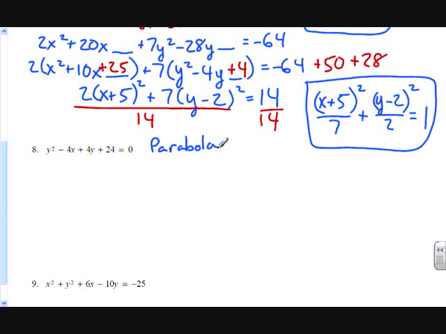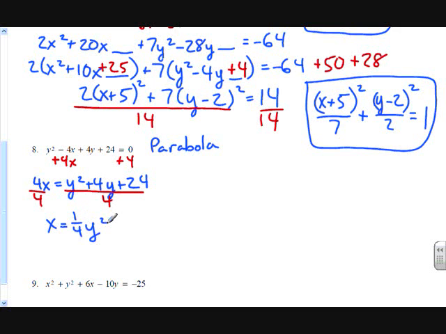The first way I'm going to do is putting it in standard form. So I've got to add the 4x to each side. So I do that. I'm just going to rewrite it. That's going to be a 4x equals y squared plus 4y plus 24. Then I've got to divide each side by 4. So I've got x equals 1/4 y squared plus y plus 6.